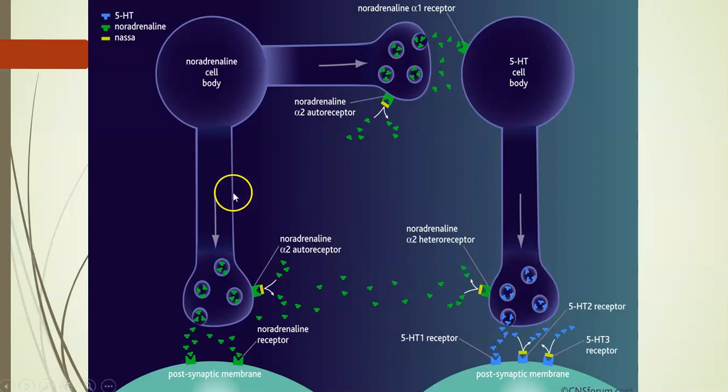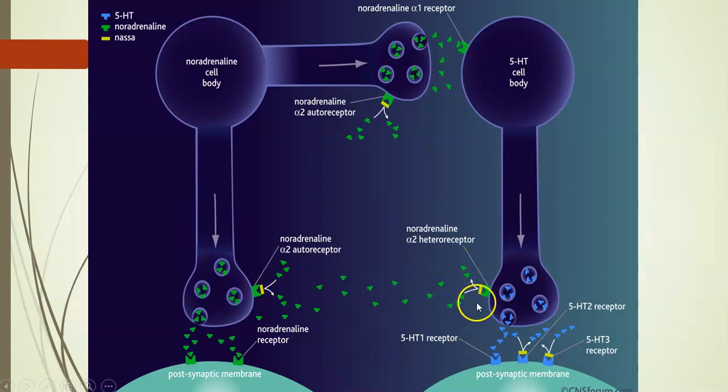What happens is, let's say when a neuron releases noradrenaline into the synaptic cleft, some of these neurotransmitters will bind to the alpha-2 autoreceptors on the presynaptic neuron to signal the nerve to stop releasing more noradrenaline. So it's negative feedback, right? And this is called an autoreceptor.